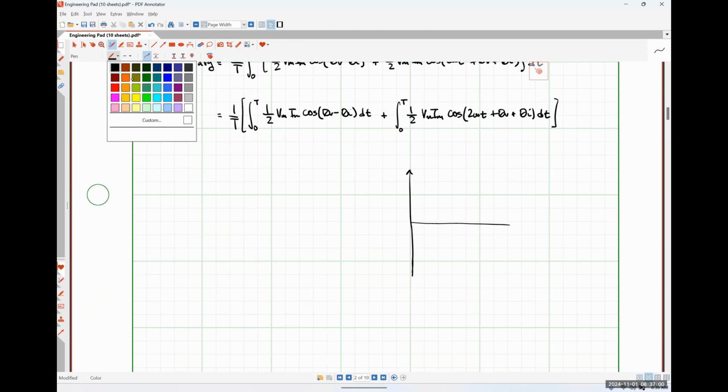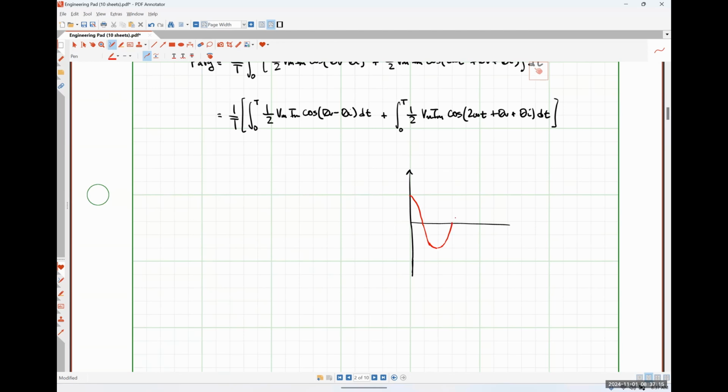To make my life easier, I'm going to say that theta v plus theta I added together is just going to be 0, so that I can draw it more easily. But if it weren't 0, we would just be sliding this graph either to the left or the right. It wouldn't change the heights or anything like that.